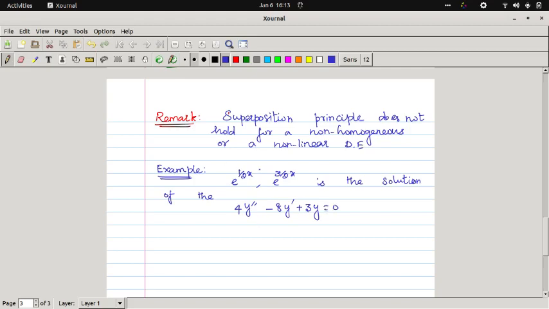So the linear combination is also again a solution. Let's first check that it is a solution of this differential equation.